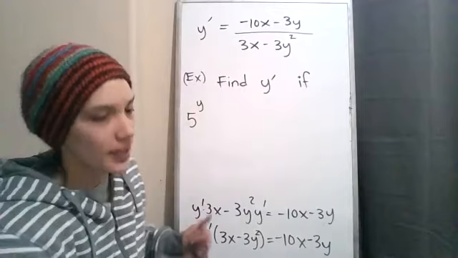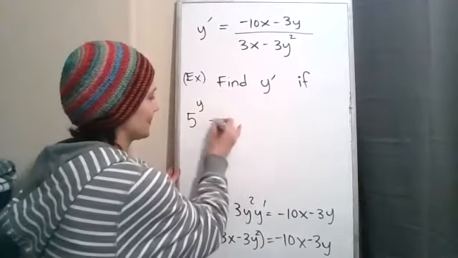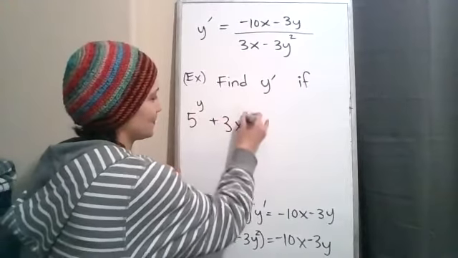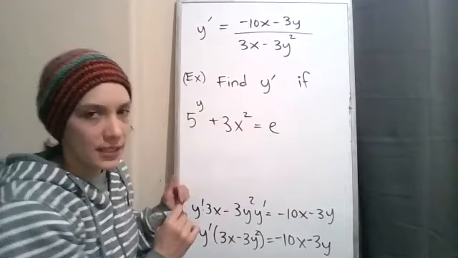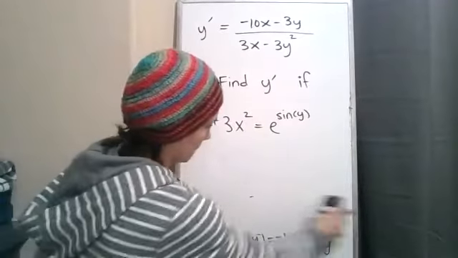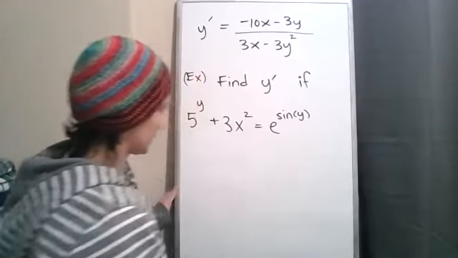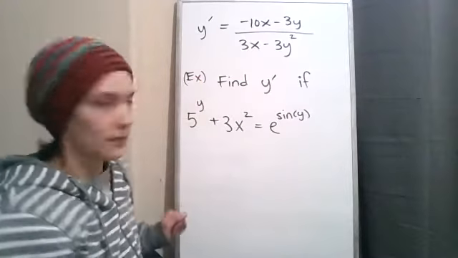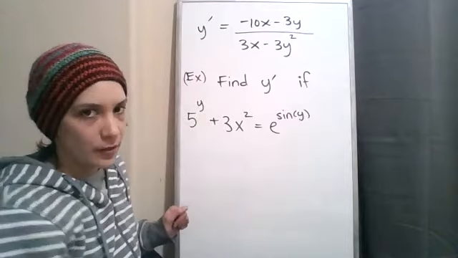5 to the y plus 3x squared is equal to e to the power of sine of y. We will take the derivative of both sides.